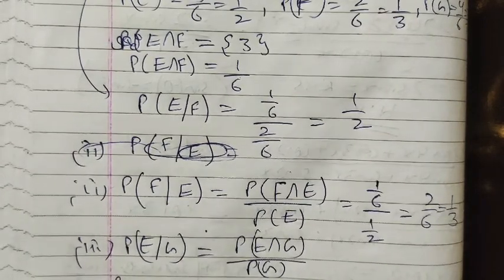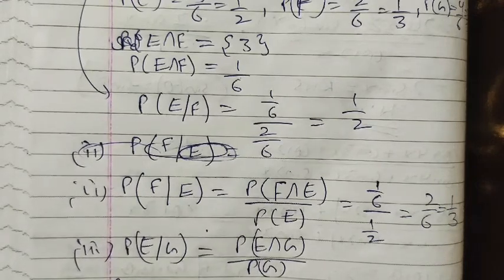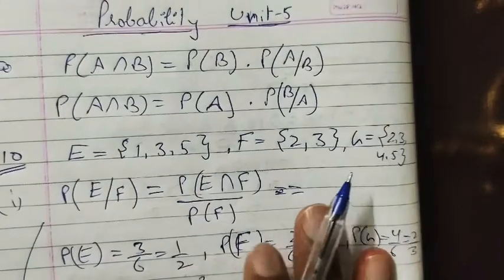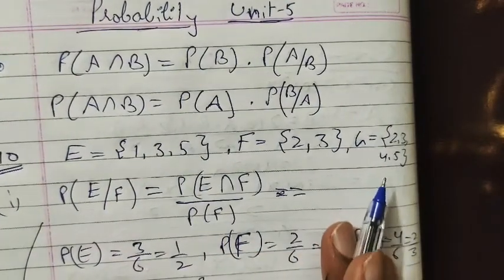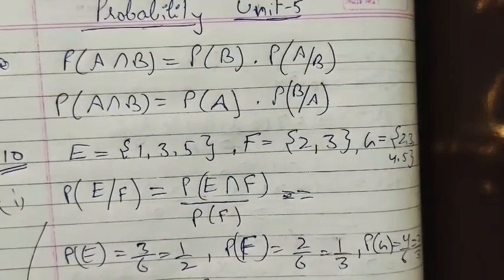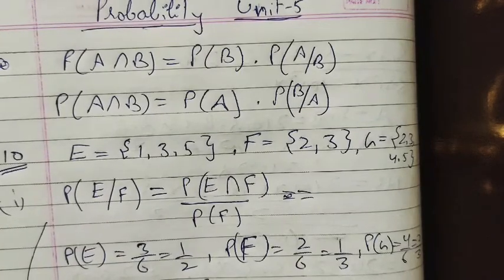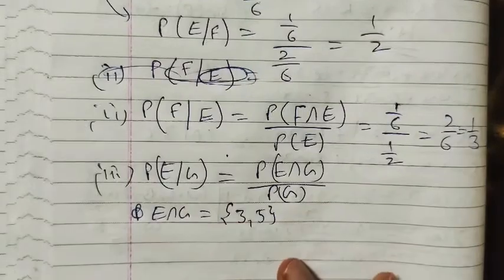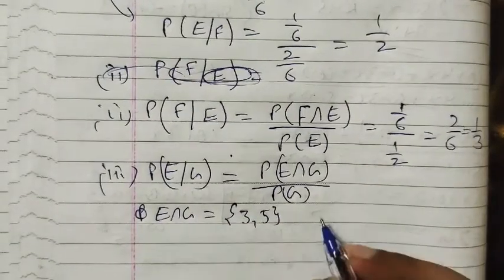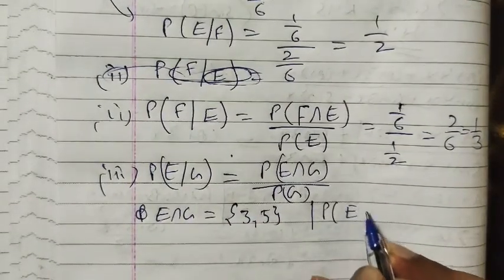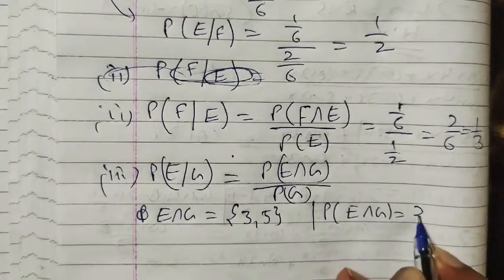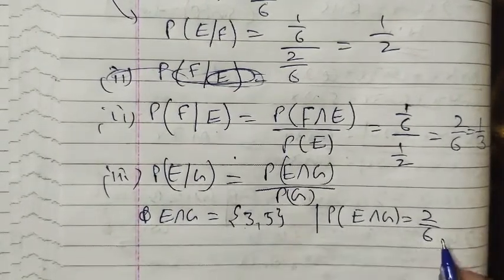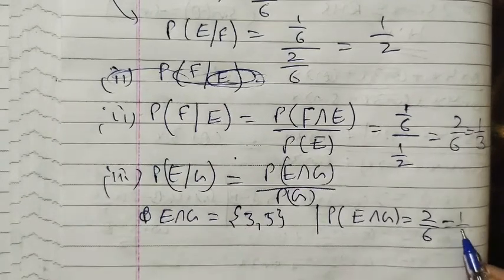E intersection G will be, E is {1, 3, 5}, G is {2, 3, 4, 5}. So E intersection G will have 3 comma 5. So probability of E intersection G will be 2 upon 6, because 2 outcomes are there out of 6, so 1 by 3.